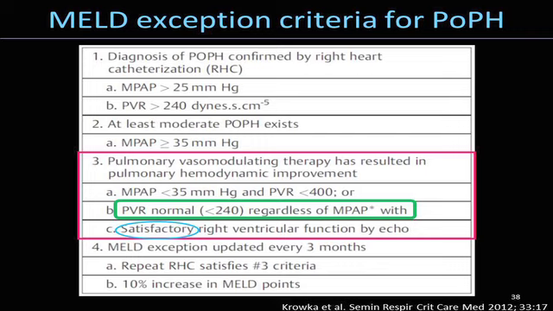And the good thing about that is that if you have a confirmed diagnosis of porto-pulmonary hypertension, and then you receive treatment for it, and you improve your mean pressure to less than 35 with a PVR less than 5, and you have satisfactory right ventricular function, then you qualify for a 10% increase in MELD points that every 3 months you could keep on getting until you get transplanted.